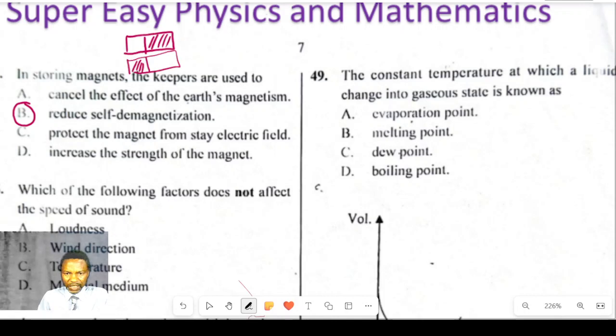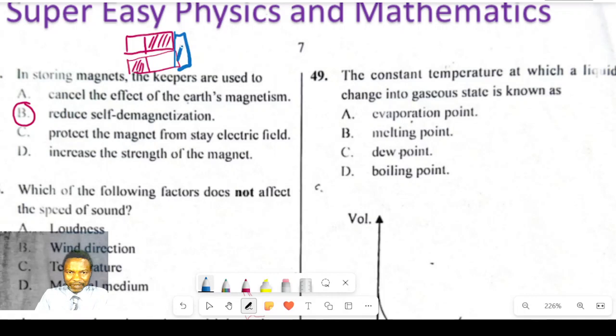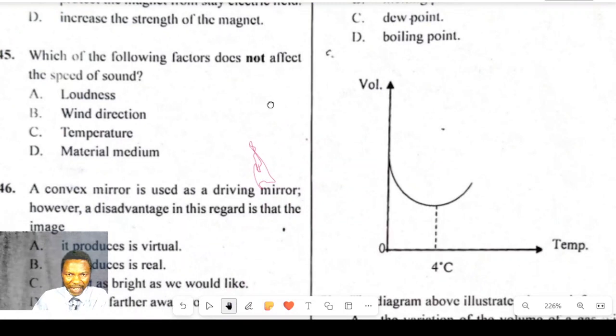Then you put a keeper, that is a metal, here. Then put the same metal here, which is called the keeper, a steel metal. So it just prevents self-demagnetization.